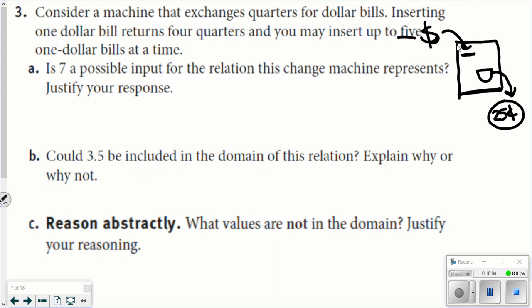Part A says, is 7 a possible input for the relation that this change machine represents? Remember, inputs here are $1 bills.